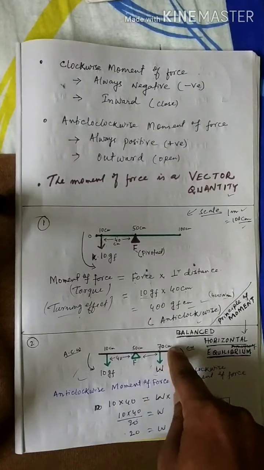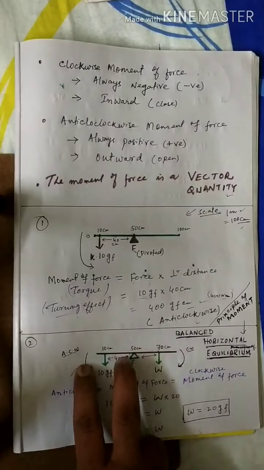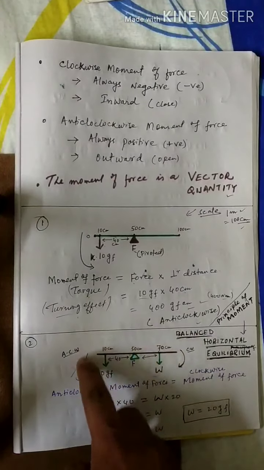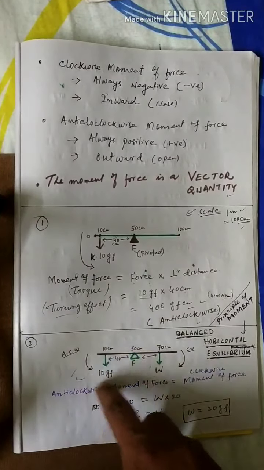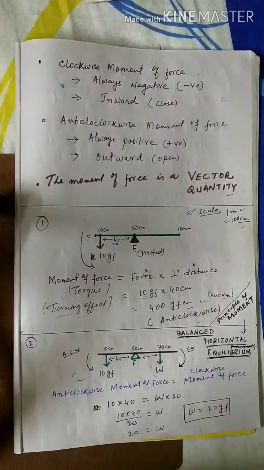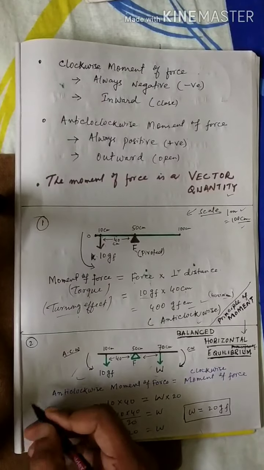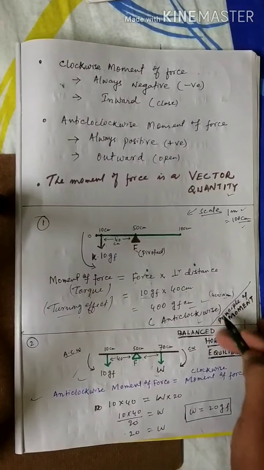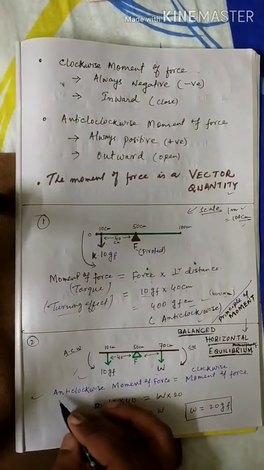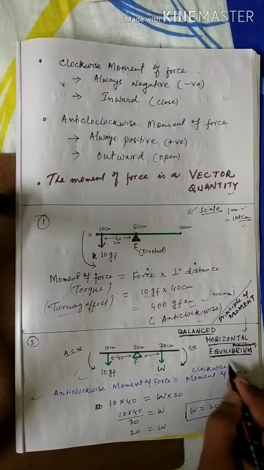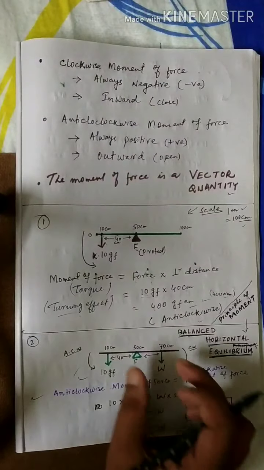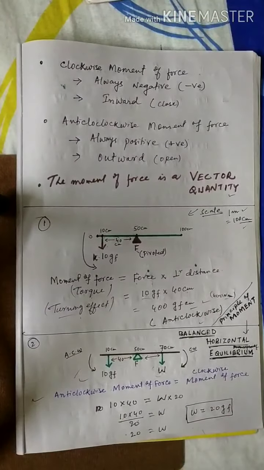But since it is balanced, for the equilibrium condition, the anti-clockwise moment of force is always equal to the clockwise moment of force. Remember this one. This is called the principle of moment. So we have to calculate the anti-clockwise moment of force and the clockwise moment of force.